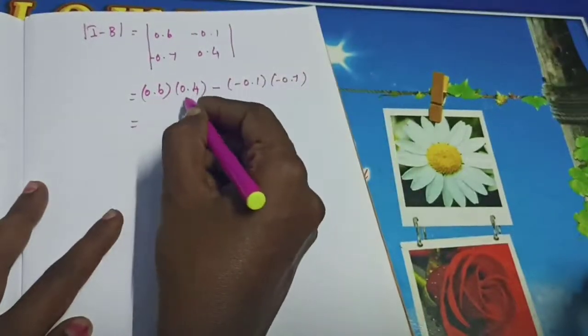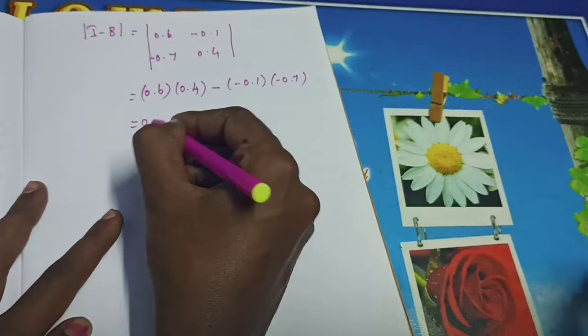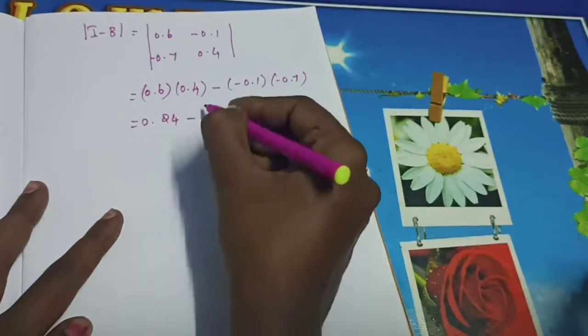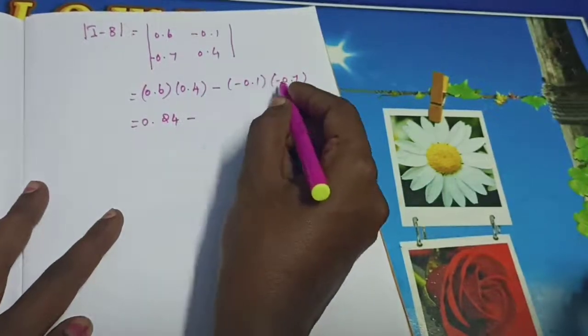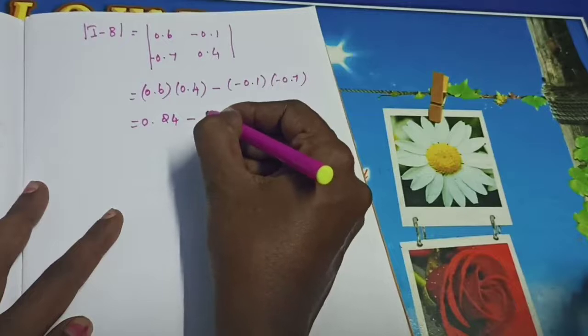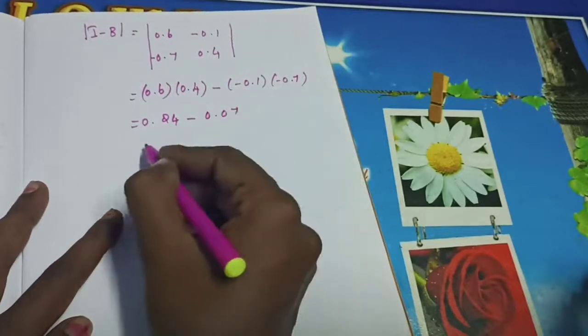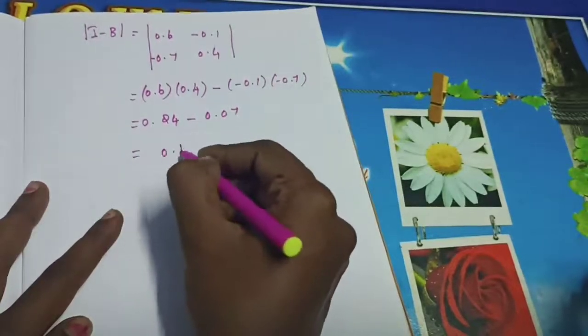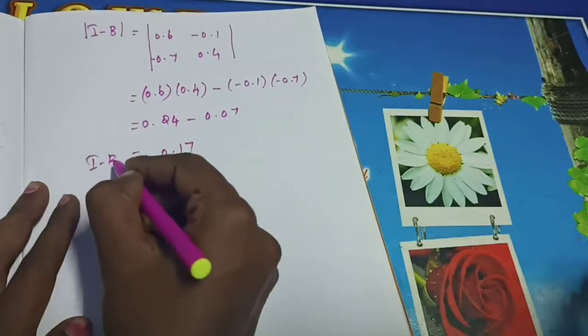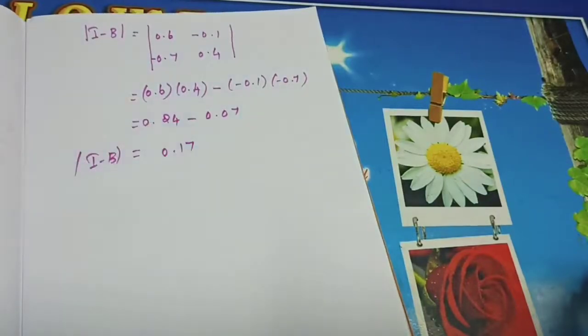Multiply carefully. If you multiply this, how much will you get? 0.24 minus 0.1 into 0.7, minus into minus is plus. So how much will you get? 0.07. So subtracting, 0.17.